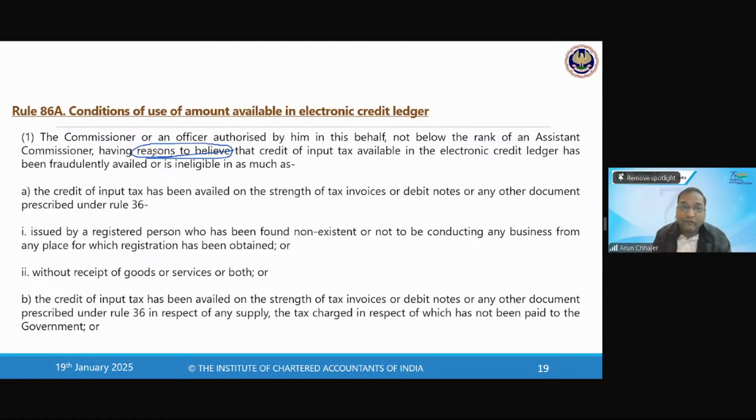No, I have to give the reason why the credit looks ineligible, why it is fraudulent ITC, because of any of the 5 reasons. It should not be judgmental, it should not be simply believing or simply appearing that I should block. What do you have to remember here? Always remember, not below the rank of Joint Commissioner, reason to believe, and these 5 points.